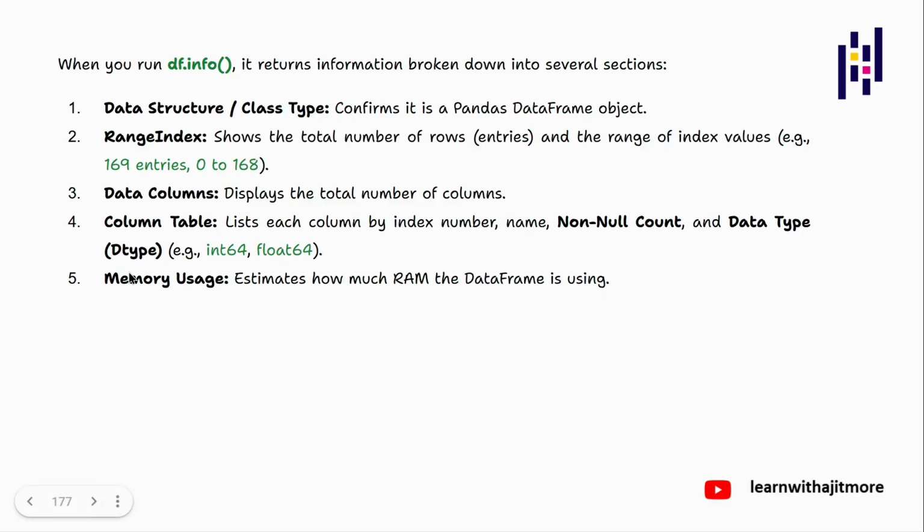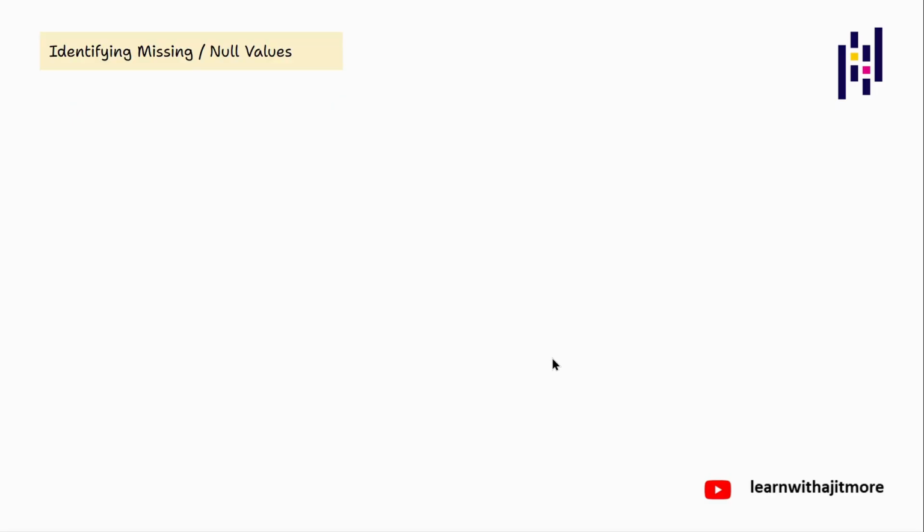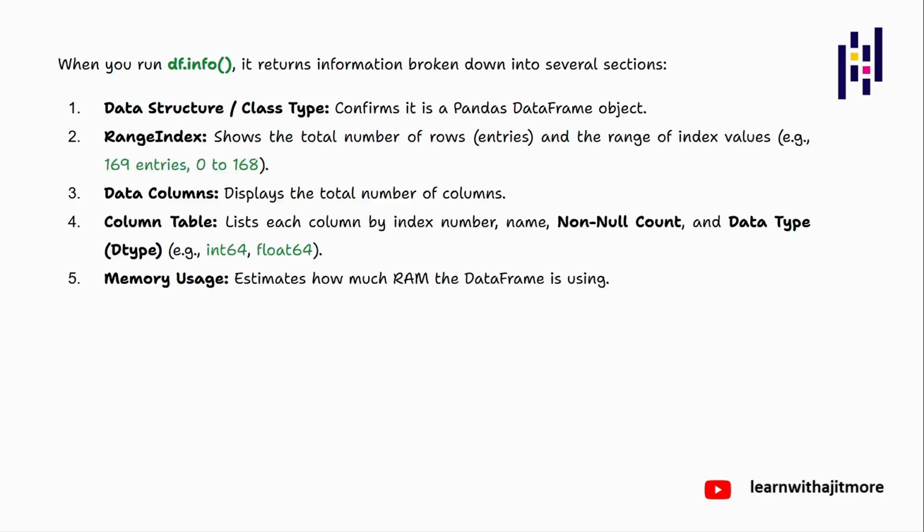And at the end, it is telling how much memory space this data frame is occupying. So it is an estimated space, not exact, okay? It estimates how much RAM the data frame is using. I hope you got it.